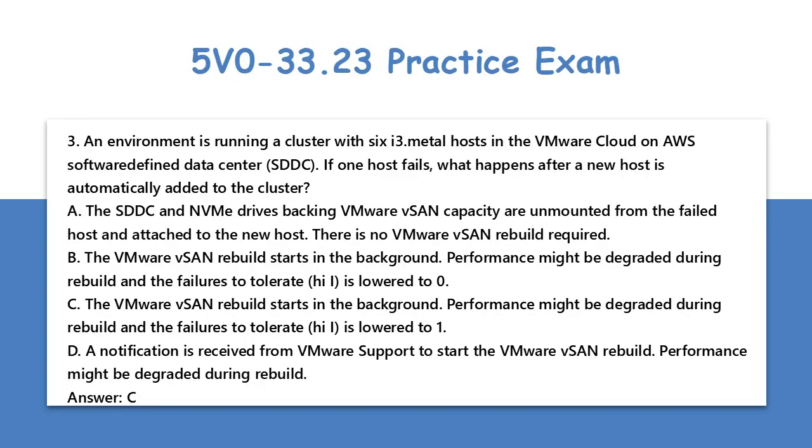A. The NVMe drives backing VMware vSAN capacity are unmounted from the failed host and attached to the new host. There is no VMware vSAN rebuild required. B. The VMware vSAN rebuild starts in the background. Performance might be degraded during rebuild and the failures to tolerate is lowered to 0.